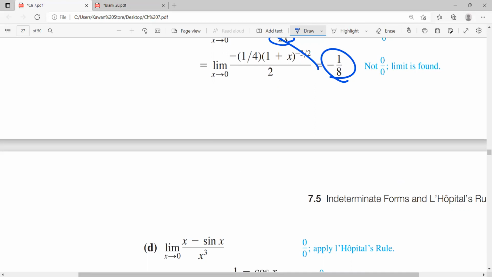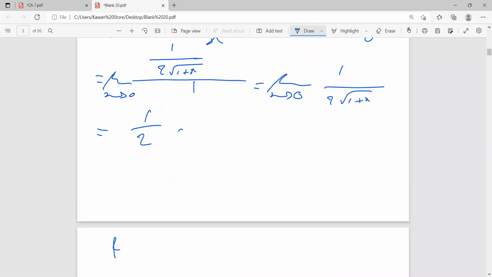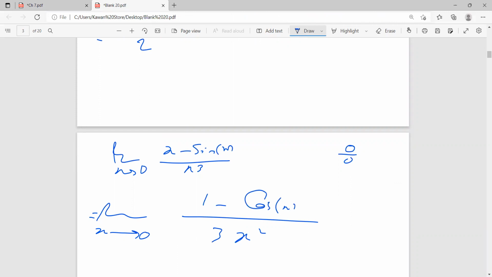We should do it. So x minus sine of x over x cubed, x approaches 0. I'm sure that in the first step, I will get 0 over 0. So I get the limit as x approaches 0 of 1 minus cosine of x over 3x squared. If I put 0, again I'll get 0 over 0.